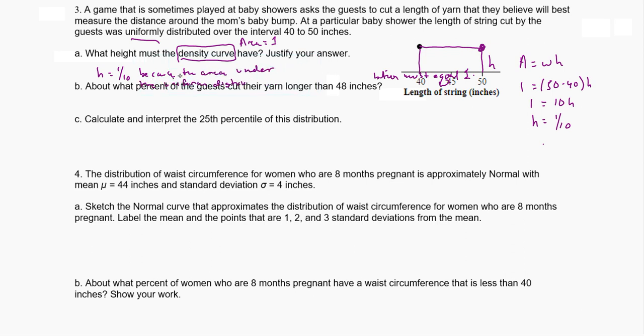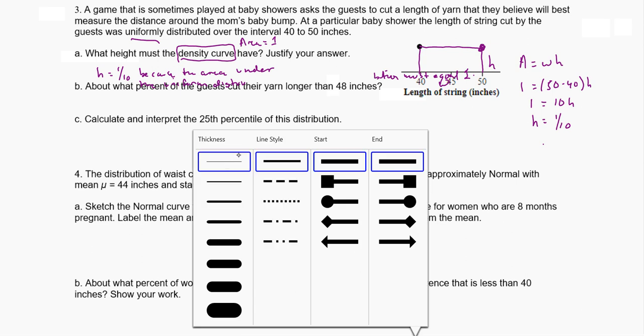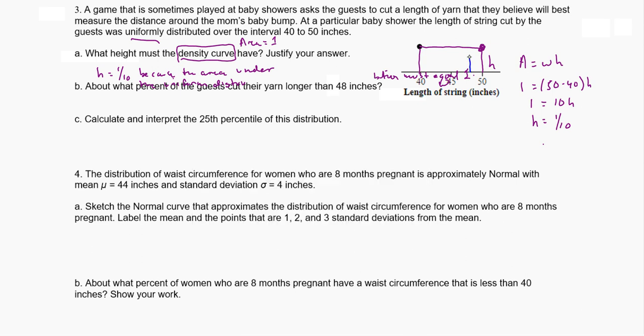Now it says, about what percent of the guests cut their yarn longer than 48 inches? Longer than 48 inches, we're talking about right here, and we're looking for this area. To figure that out, the area equals 50 minus 48 times our height, which is 1/10.